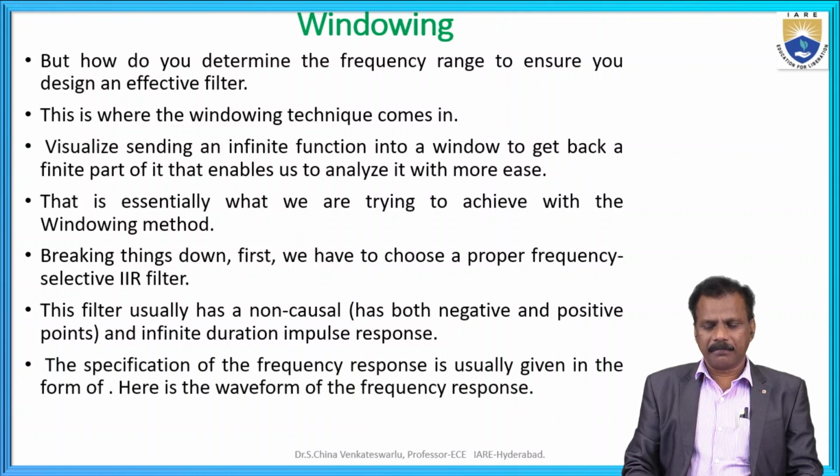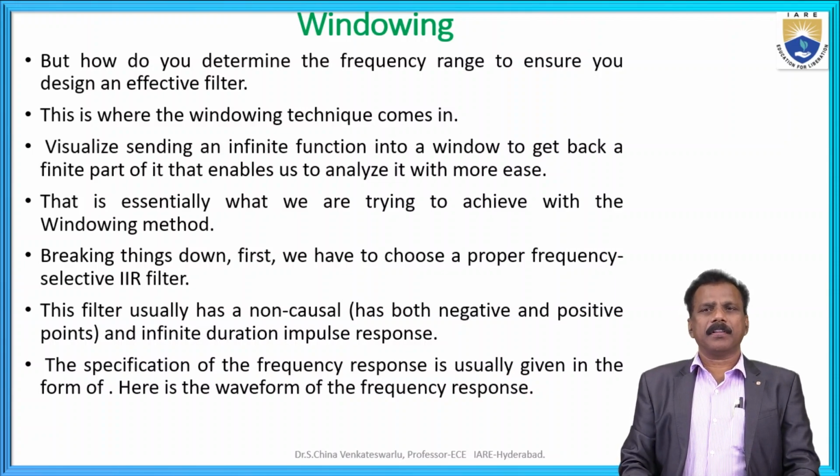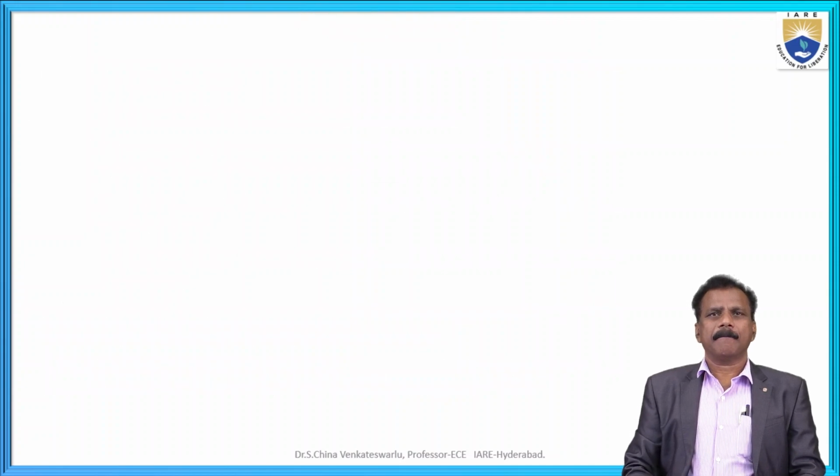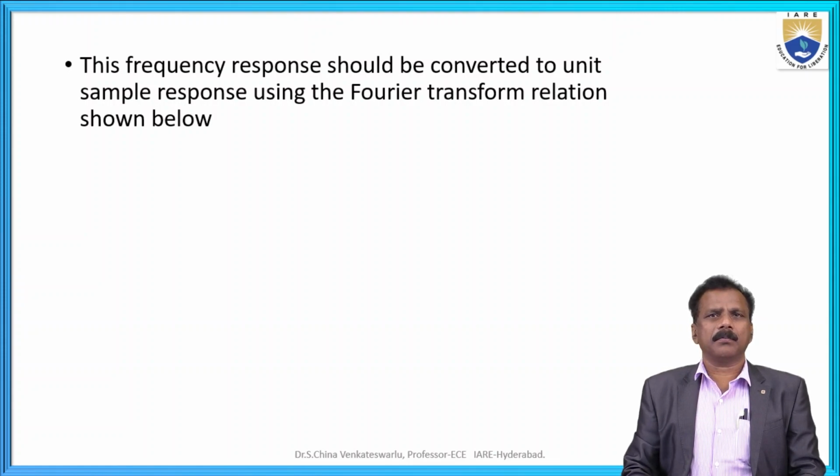The specification of the frequency response is usually given in the form of a waveform. This frequency response should be converted to a unit sample response using the Fourier transform relation.